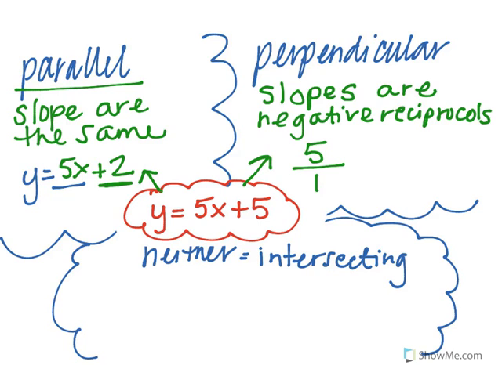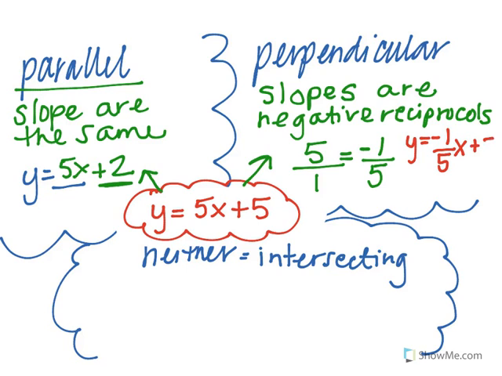And a negative reciprocal would mean that I would make it negative, but then the reciprocal would mean that it would be flipped. Instead of 5 over 1, I would do 1 over 5. So then I could write in the equation y equals negative 1 over 5 x.